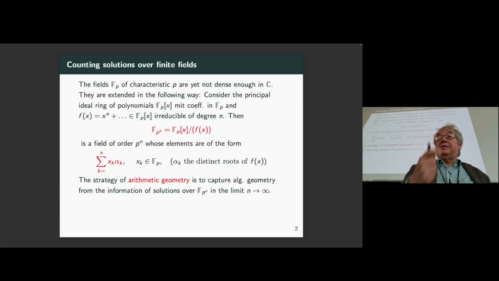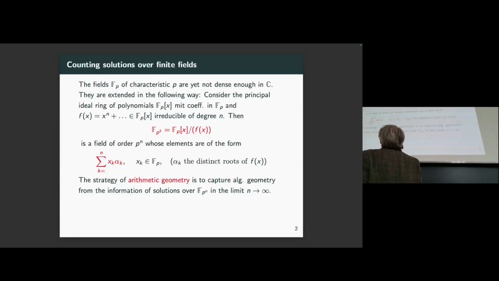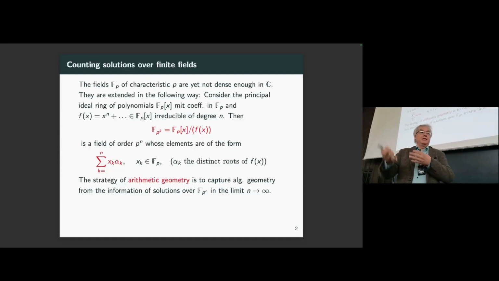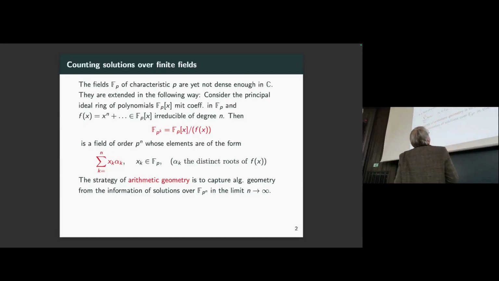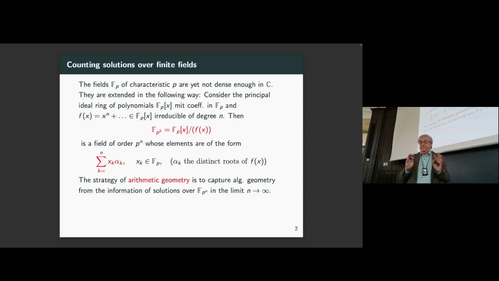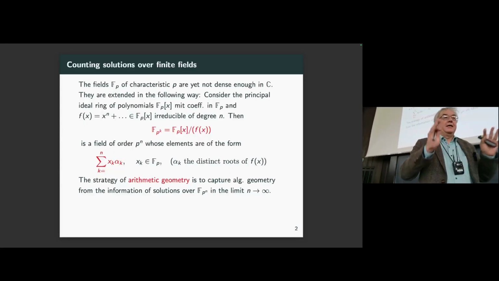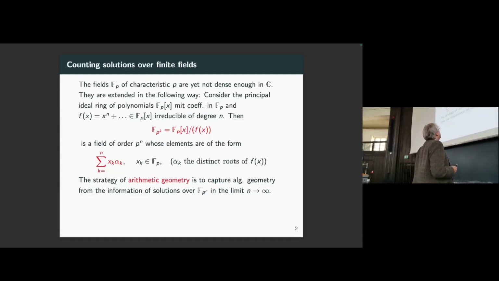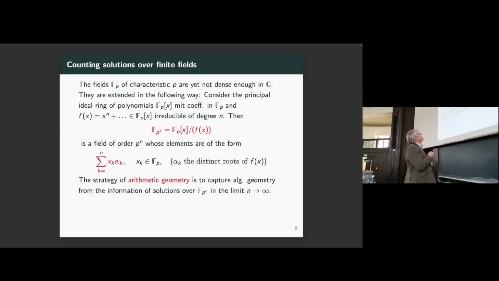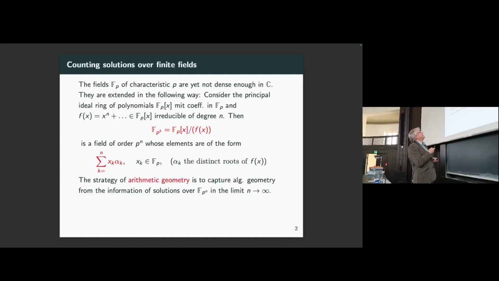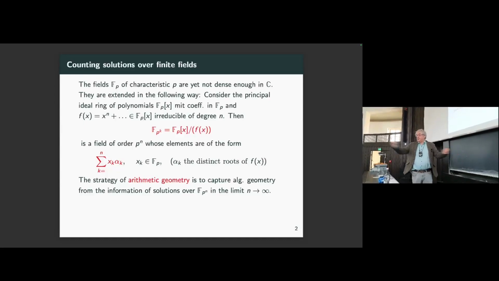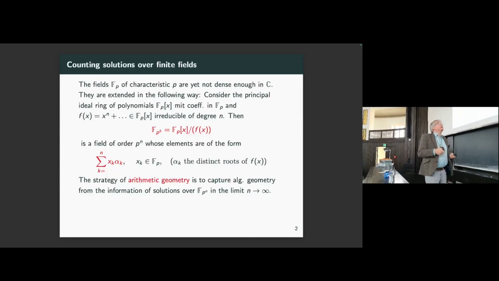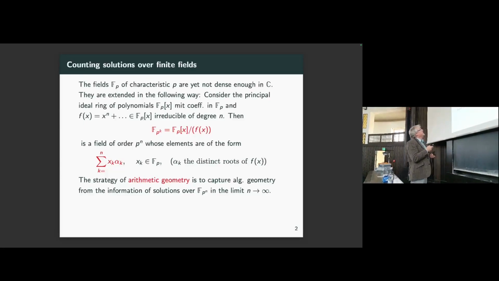The reason is that these Fp, the integers mod p, are not dense enough in C to say something more interesting about C. What you do is you consider the principal ideal ring of a polynomial over Fp, with coefficients in Fp, so all these coefficients are integers mod p.